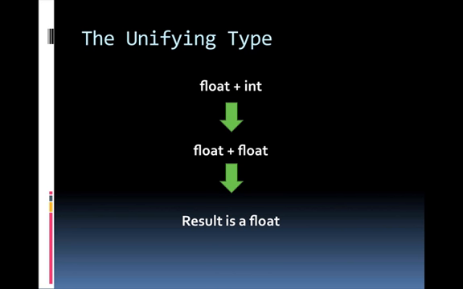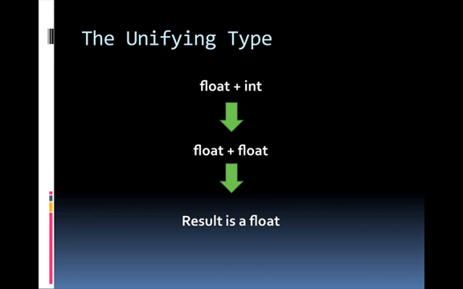So what's the rule on this? Well, there's something called the unifying type that Java uses in order to figure out what kind of data to give you. Java only really knows how to do math problems when the numbers on both sides of the operator symbol are of the same data type.